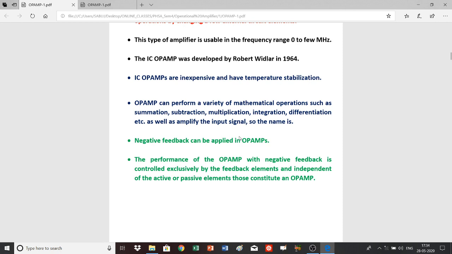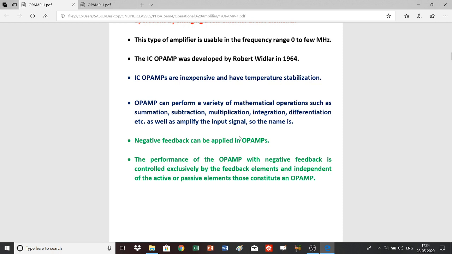And since OPAMP performs two types of operations, number one is it amplifies the input voltage and then some mathematical operations. So it is named operational amplifier because it does two types of operations. Number one is mathematical operation and number two is amplification.